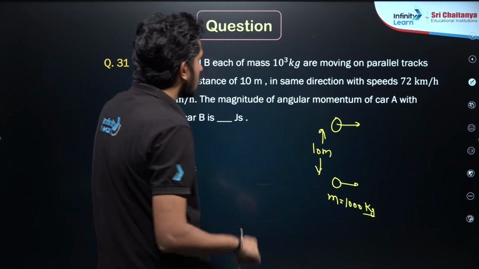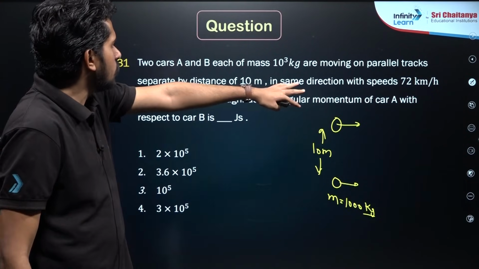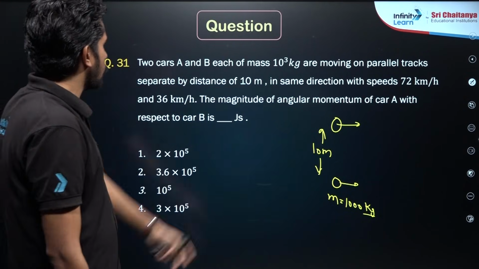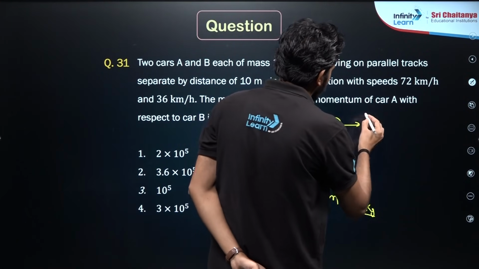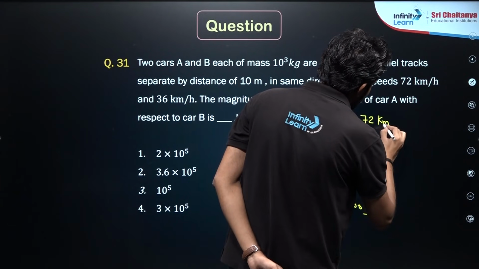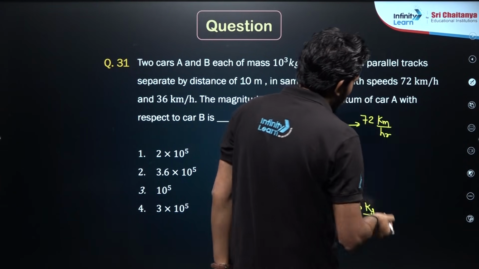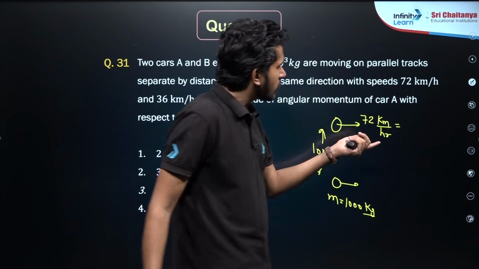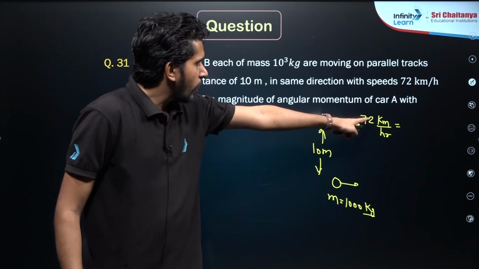Now in the same direction with 72 kilometer per hour and 36 kilometer per hour. So 72 kilometer per hour, now you convert it into meter per second. So what would you do? Multiply by 5 by 18.